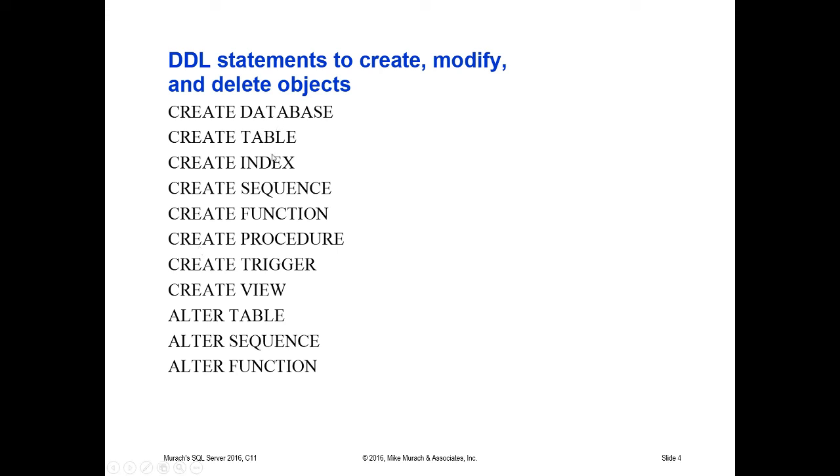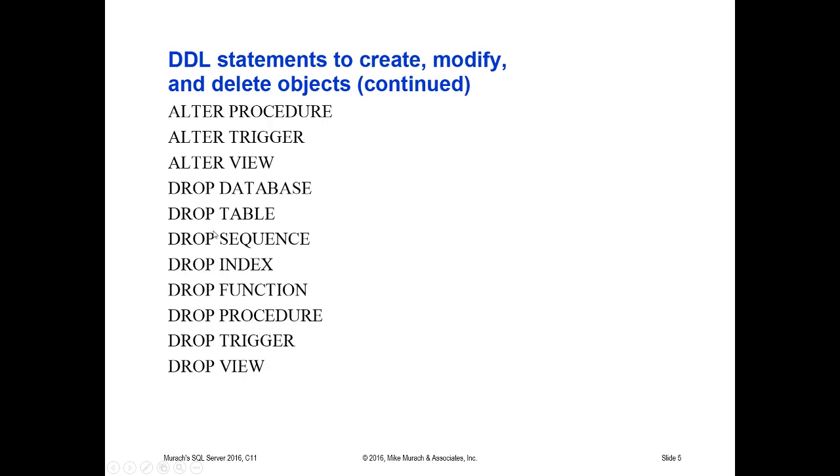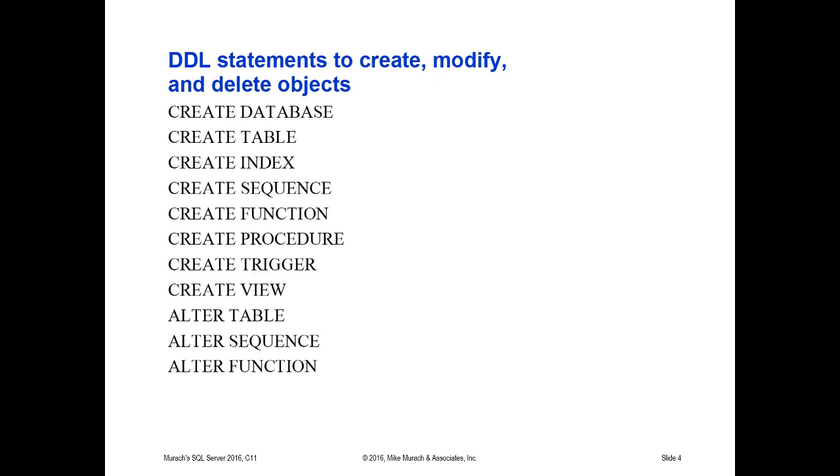The second word is going to be the type of entity we're referring to. So I want to create a table, or alter a table, or drop a table. So if I'm working with an index, I would be either creating an index, altering an index, or dropping an index.